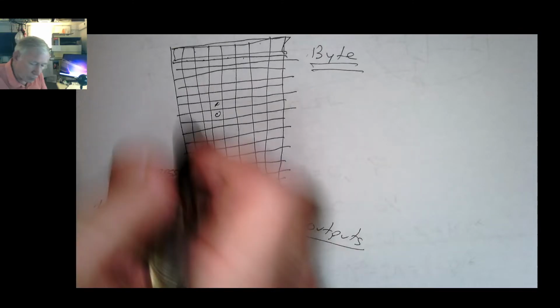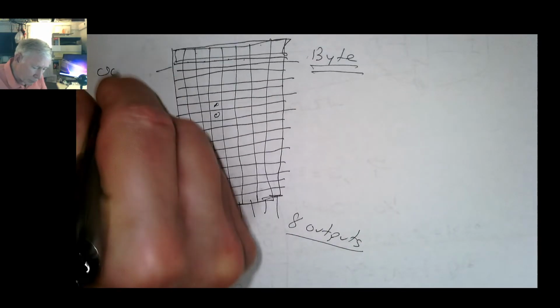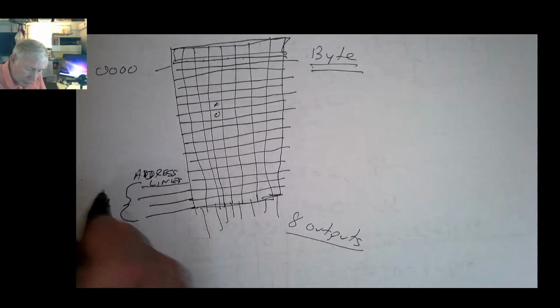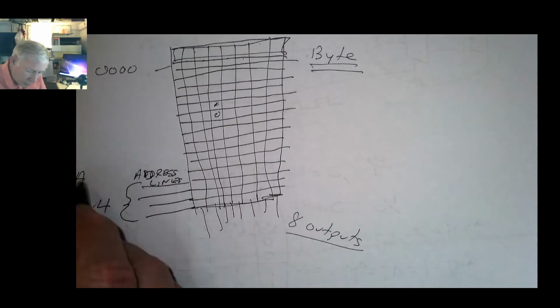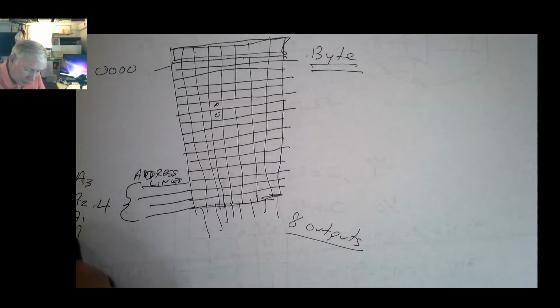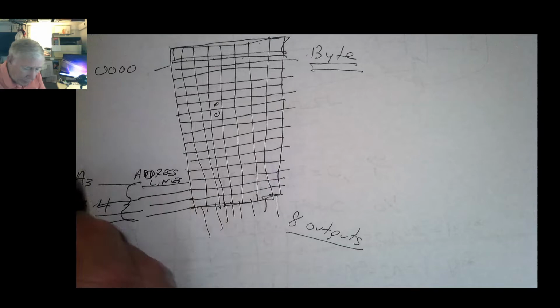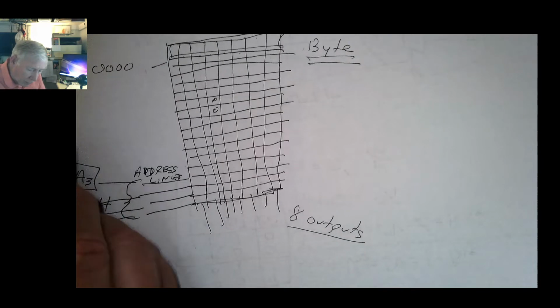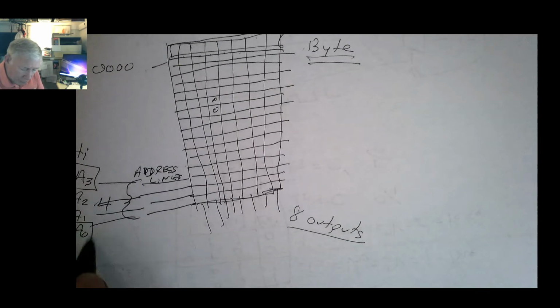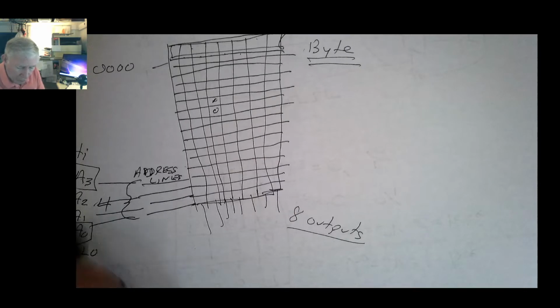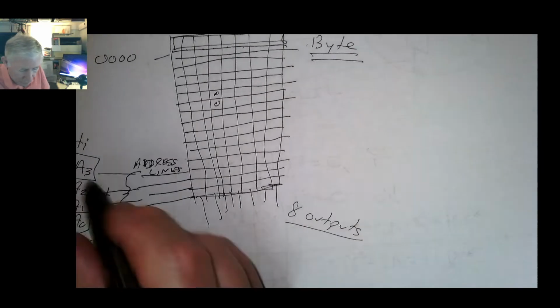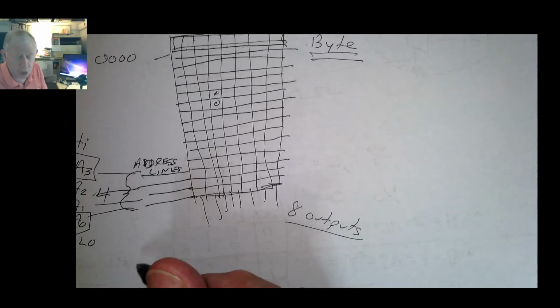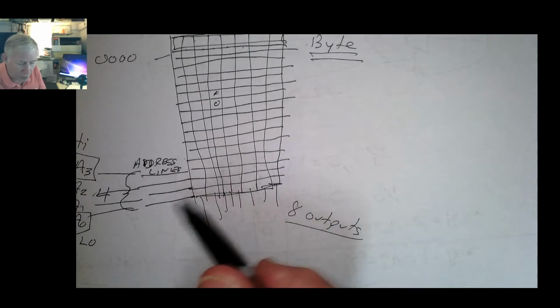All right, the first row would be coded 0, 0, 0, 0. And we usually have these A3, A2, A1, and A0. A3 is going to be the high order address line, and A0 is going to be the low order, and 1 and 2 are in between. These are hierarchically arranged. So you have to get this right to get the right row.